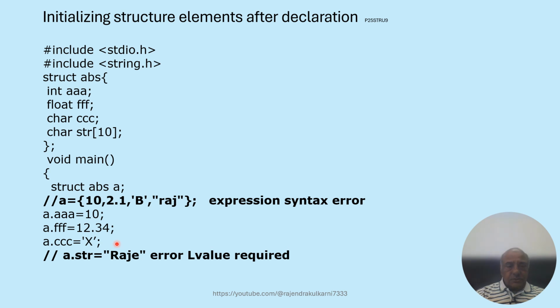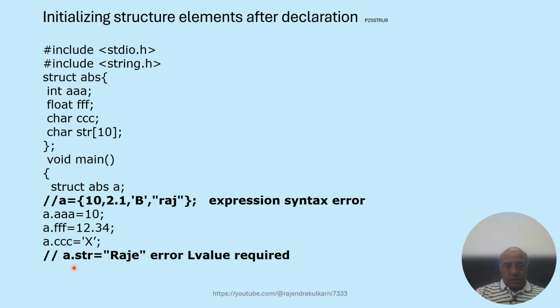When we try to assign the value to str, we cannot do it the way we had done it for floats and ints earlier. A.str is equal to "RAJE" gives us the error, L value required.